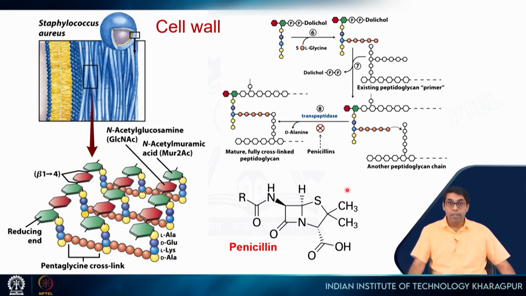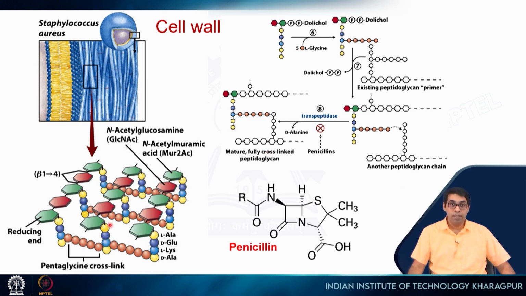Penicillin is an antibiotic which inhibits this transpeptidase. We have already seen that there are inhibitors which can form a covalent linkage with the enzyme. Penicillin forms a covalent linkage with this enzyme and completely blocks it. If this enzyme is blocked, no cell wall synthesis can happen.